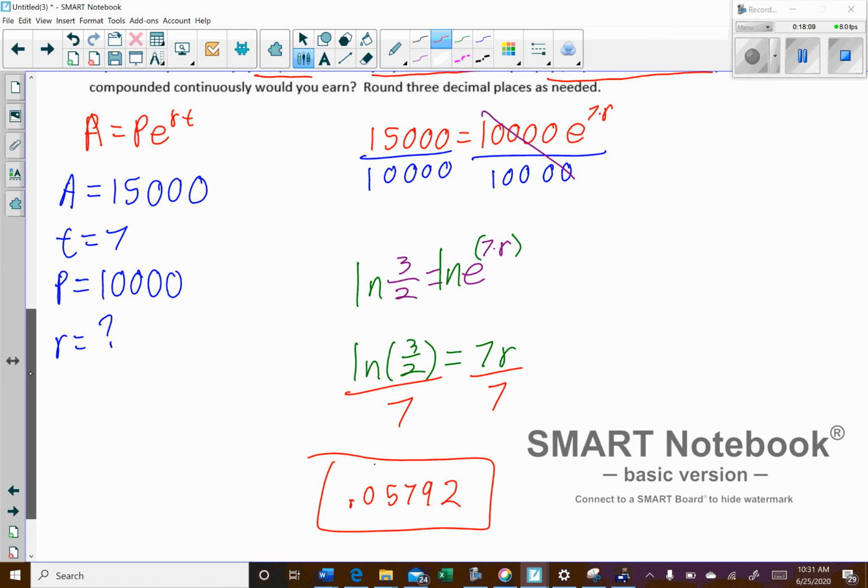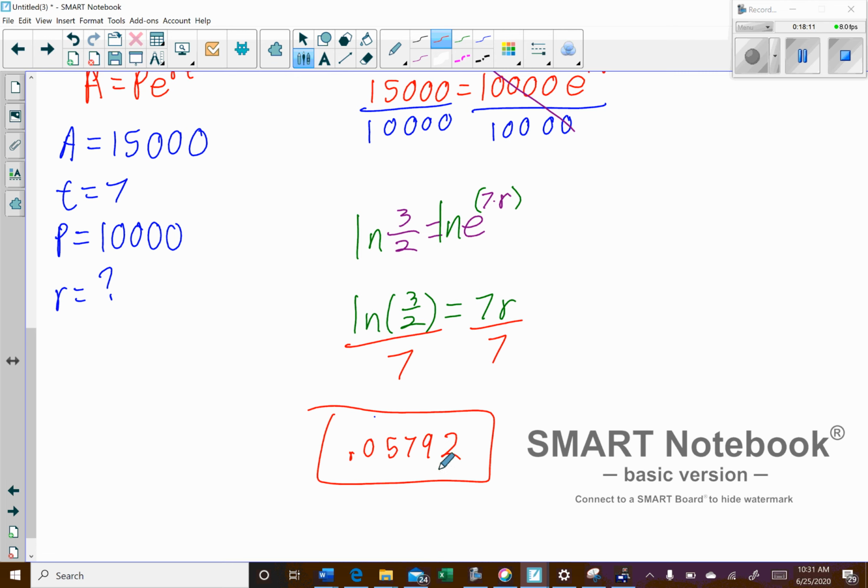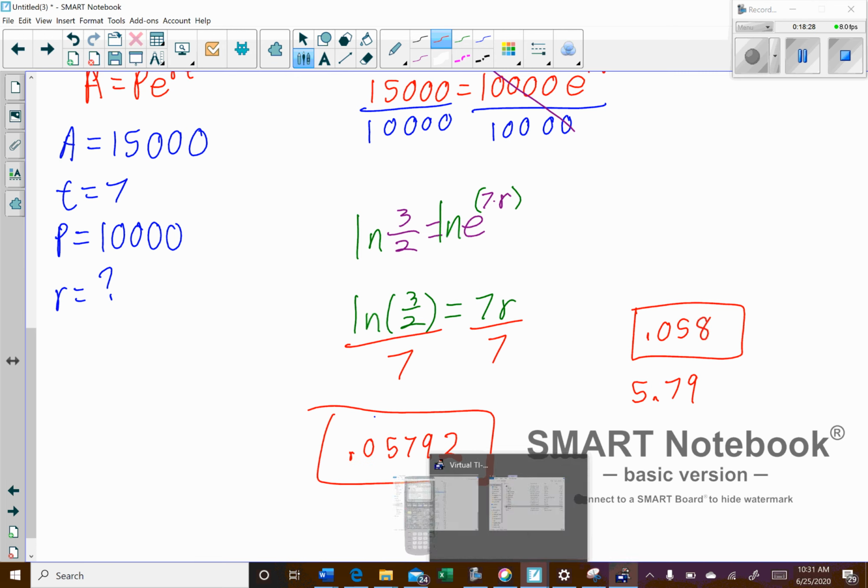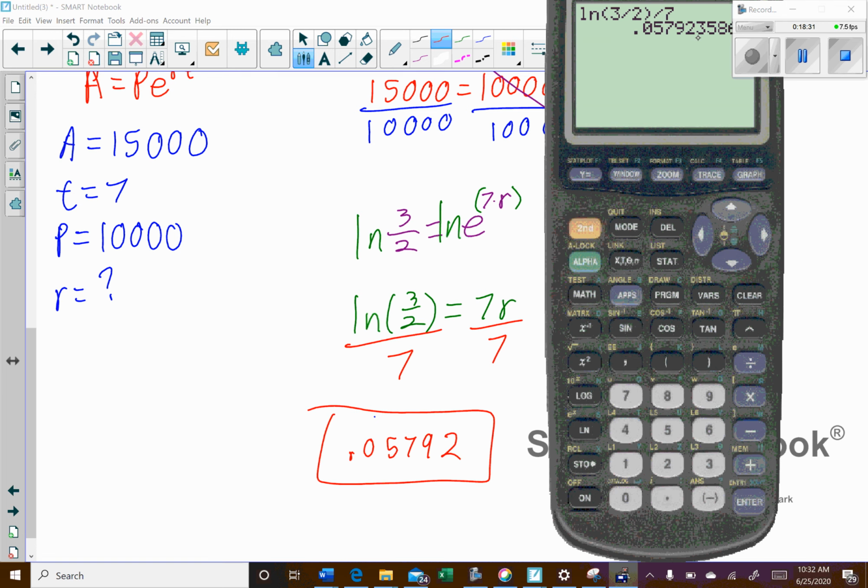It will tell you if it wants it as a decimal like this. If it does, then your answer would be 0.058 if it wants it as a decimal. But if it wants it as a percentage, you'll have to move the decimal place back, and it would be 5.79. Did I round that properly? Let me double check. Yeah, that was rounded properly.